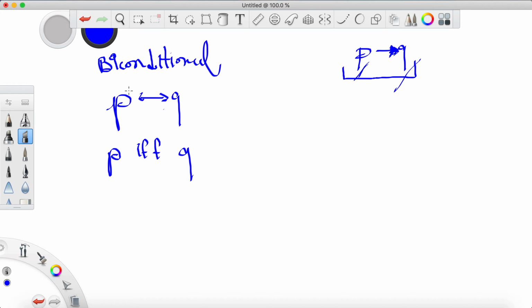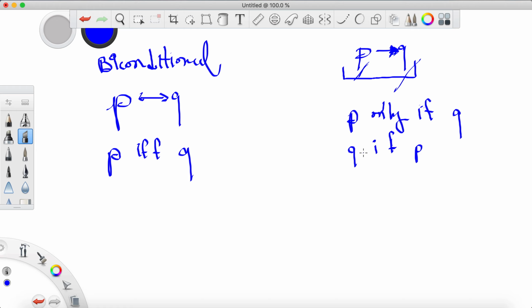So what should this symbol be? Well, if you recall from a moment ago, I said that one way to pronounce P implies Q is P only if Q. Another way to make sense of this is Q if P, right?